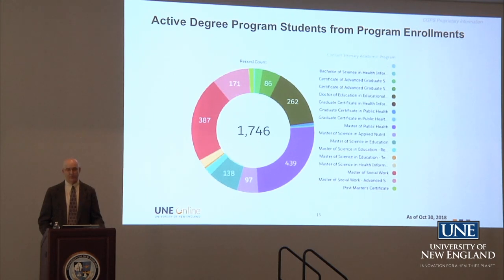This is pulled from an object that we use called program enrollments, which is an engaged degree program student who has a record that follows their journey and what courses they take, and also ties into the work that student support does, making sure that student is successful.